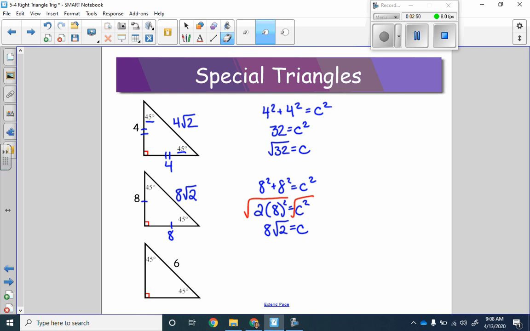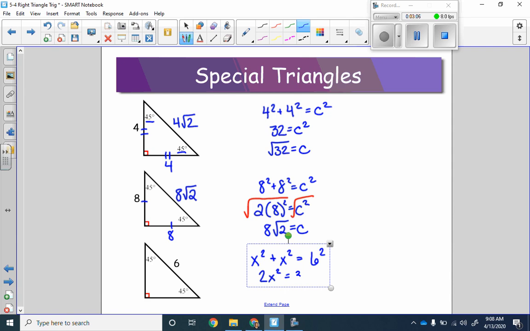Well, what about if you know what the hypotenuse is, but you don't know what the two sides are? Here you could still use the Pythagorean theorem: x squared plus x squared equals 6 squared. So 2x squared would equal 36.